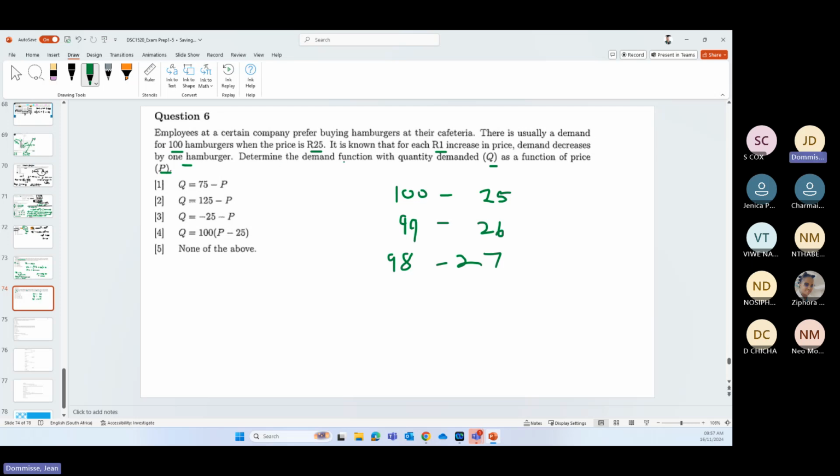Determine the demand function with quantity Q as the function of price. Okay, so how many hamburgers?